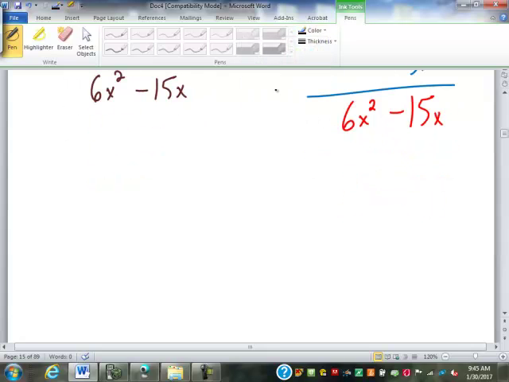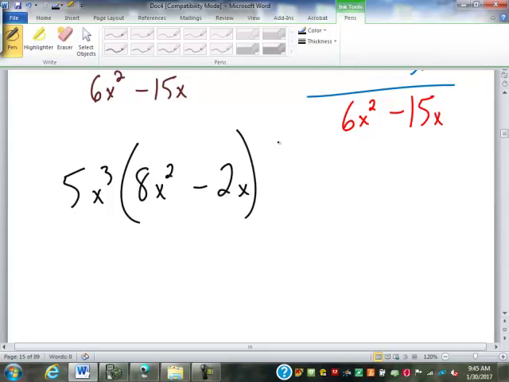So what if we have 5x to the third times 8x squared minus 2x. Five x to the third times 8x squared. Perfect. 40x to the fifth. 5 times 8 is 40.